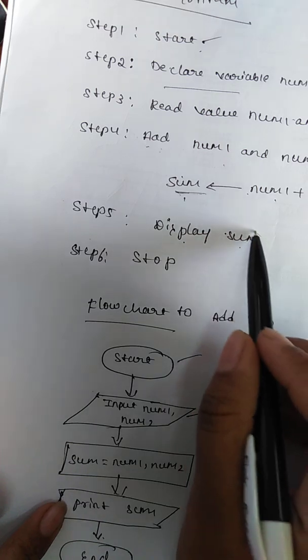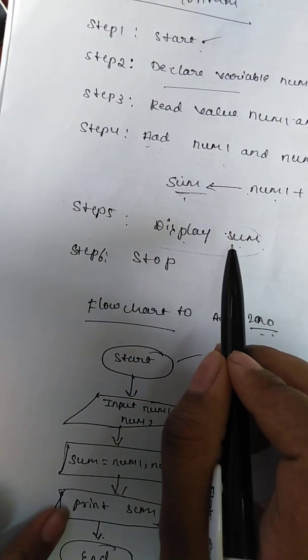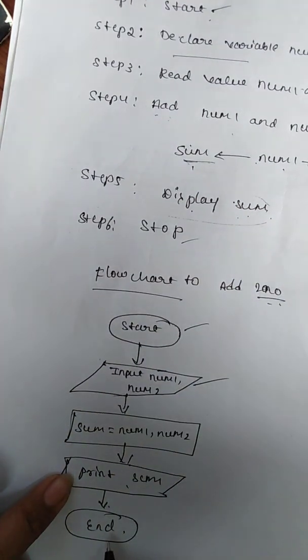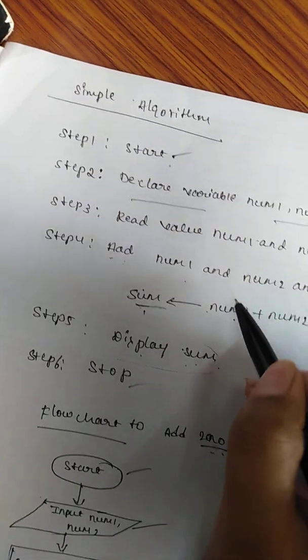Then we print or display the output we got. We print it here. Then we stop, which means we end the program. This is your flowchart. This is your algorithm.